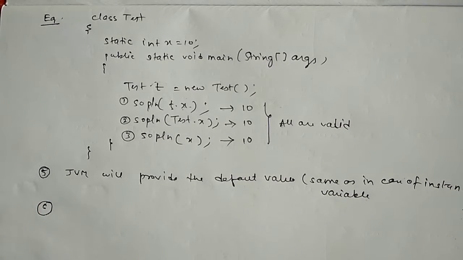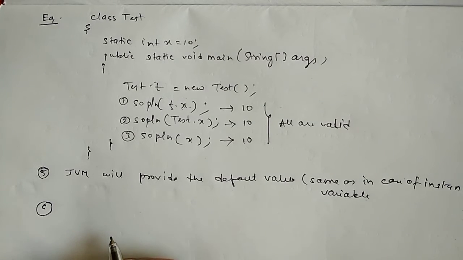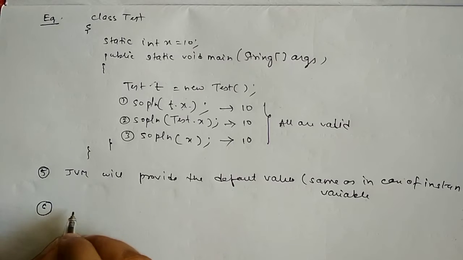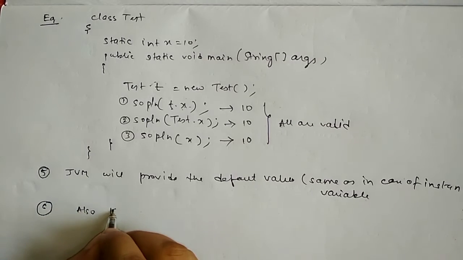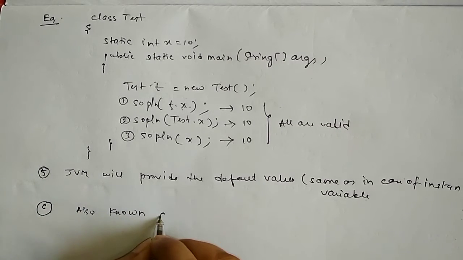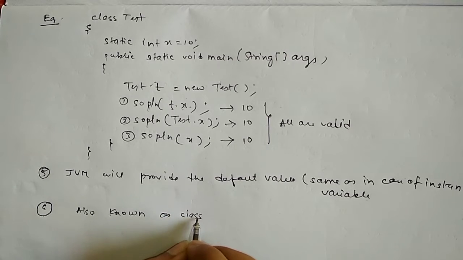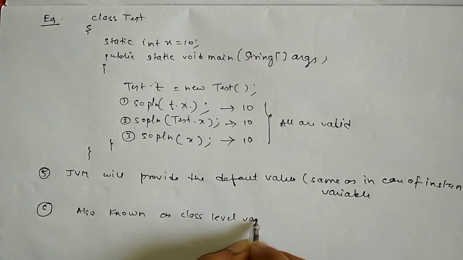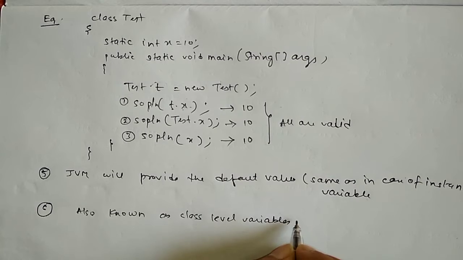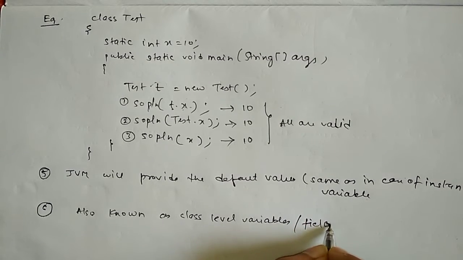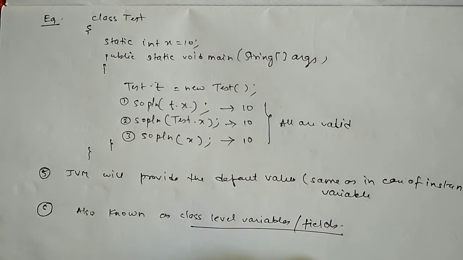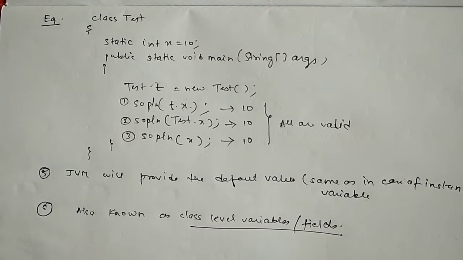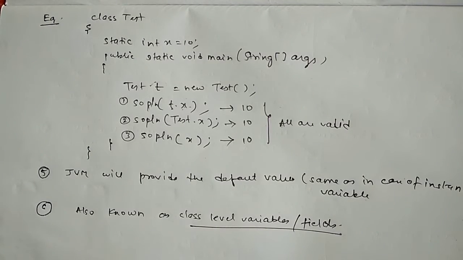And the last point is that static variables are also known as class level variables or fields. So these are all about the static variable.